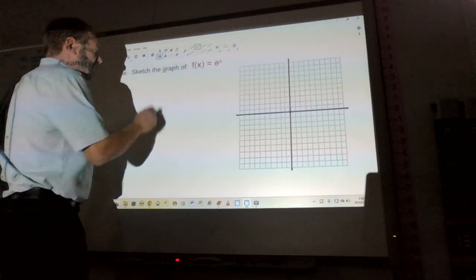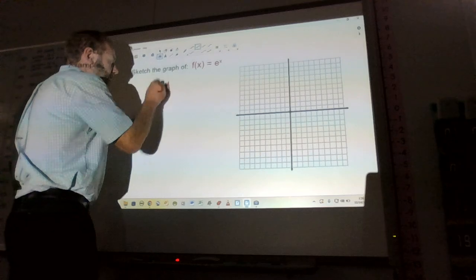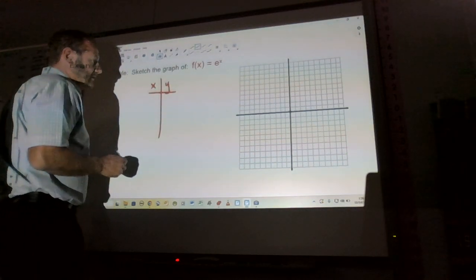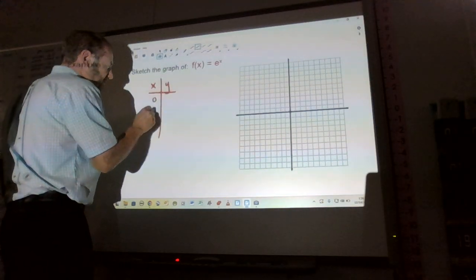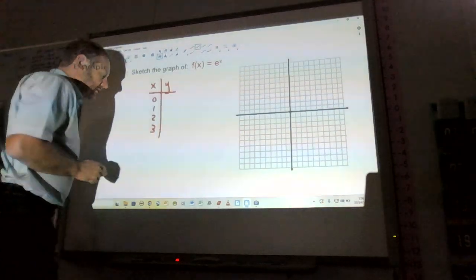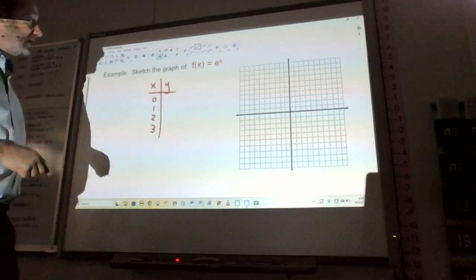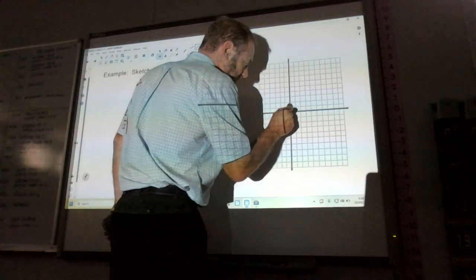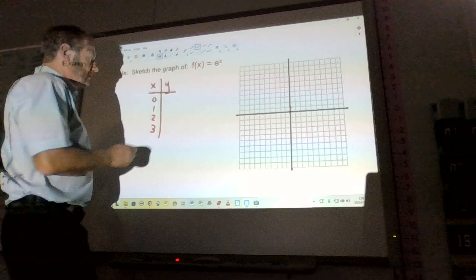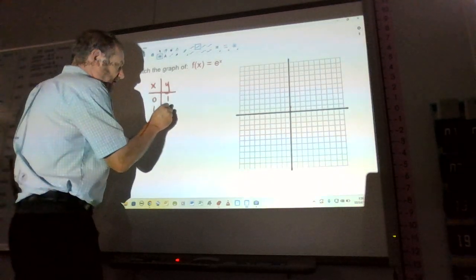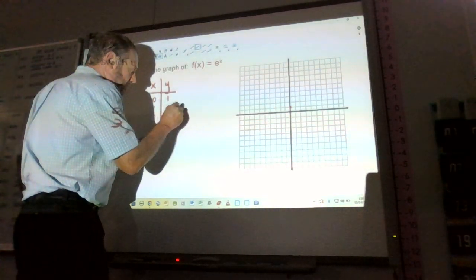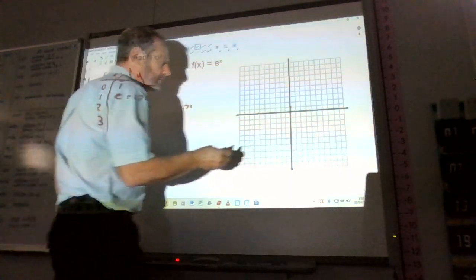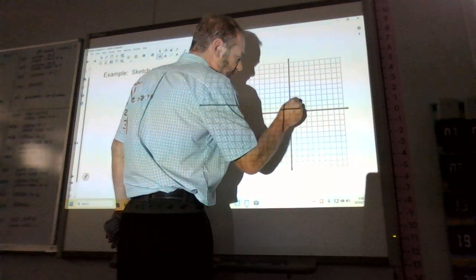So what we're going to do is make a table, and I'm going to put some numbers in here. e to the 0 power is 1, because everything to the 0 power is 1. e to the first power would be e, which is about 2.71, so that's going to be right about there.